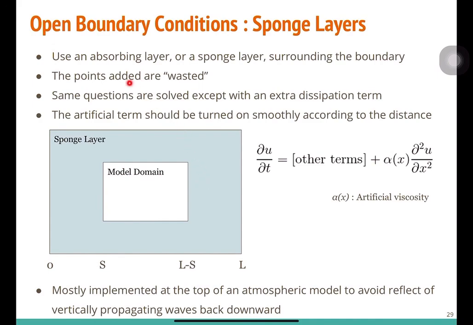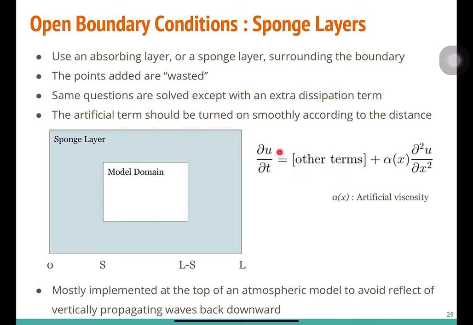For example, we can use an absorbing layer or what we call a sponge layer surrounding the boundary. So the points added are wasted. We are not using the data in this sponge layer. The same equations, sorry, this is a typo, are solved except with an extra dissipation term.